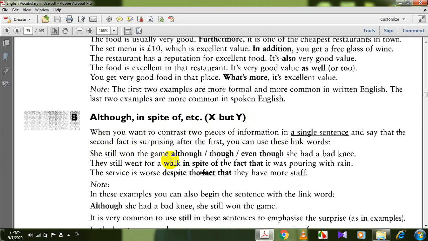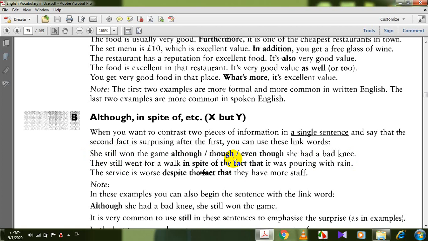She still won the game. She still won the game, and we have to notice here we have the word "still". She still won the game, even though she had a bad knee.